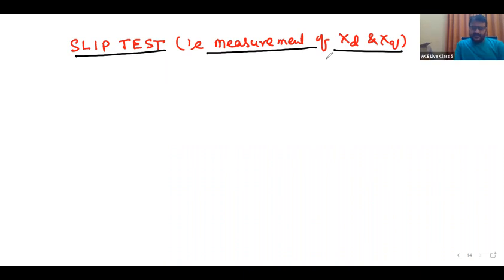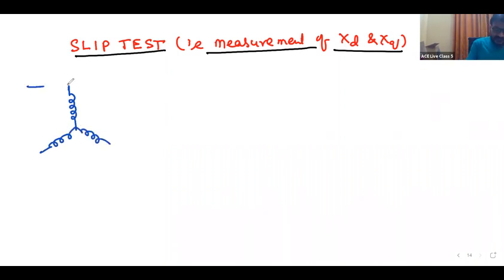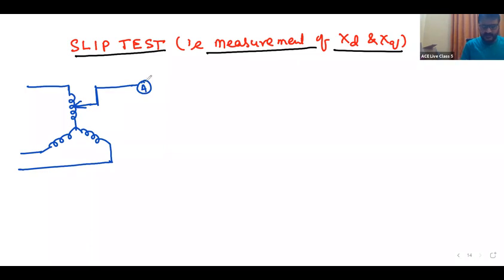XD, XQ can be measured by conducting the slip test. See, for that, this is the three-phase variac. Ammeter. This is a salient pole alternator.